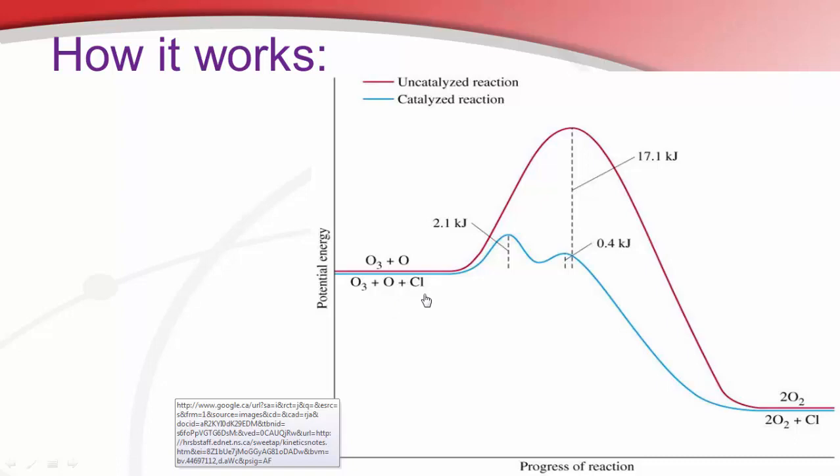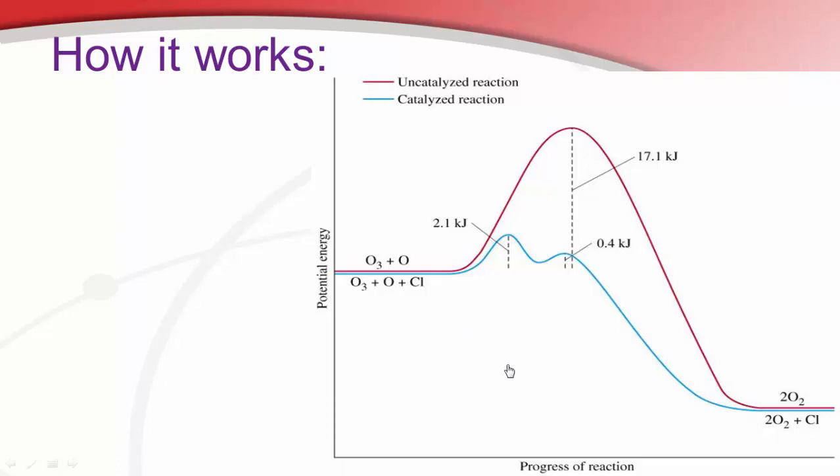In contrast, the addition of chlorine radicals drops this activation energy considerably and speeds that reaction. Notice that our reaction pathway still describes this situation of the chlorine radical being involved in the reaction as one of the reactants on the left, but regenerated on the right such that it's not consumed.